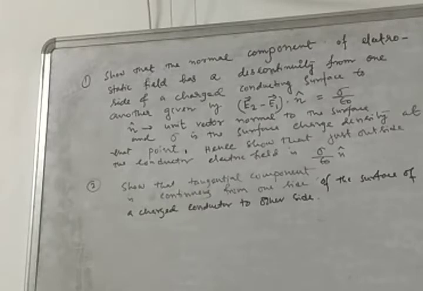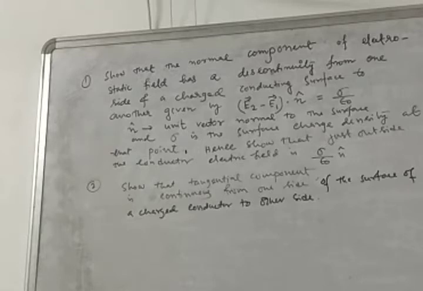Say on one side the normal component of the electric field is E2 dot n and on the other side it is E1 dot n, but the normal components on the two sides are not equal, and the difference means discontinuity. Continuous means normal components are equal. Discontinuous means normal components are not equal. So the normal component difference is sigma by epsilon naught.